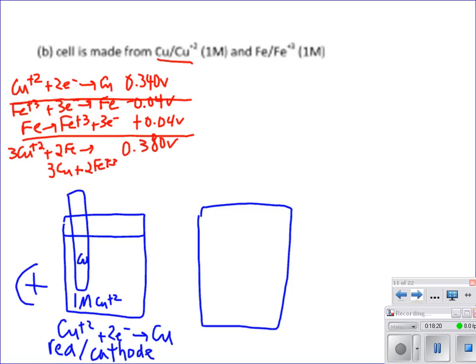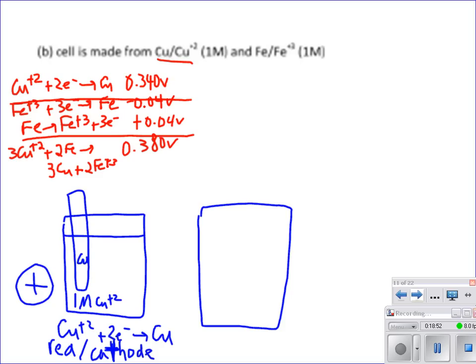Cathode has a positive sign on it. Cats are positive because I have a cat. There's a T, a positive in the middle of cathode. That's an arbitrary label. You do need to know how to label this. We'll go back on the other one and label it in a second.